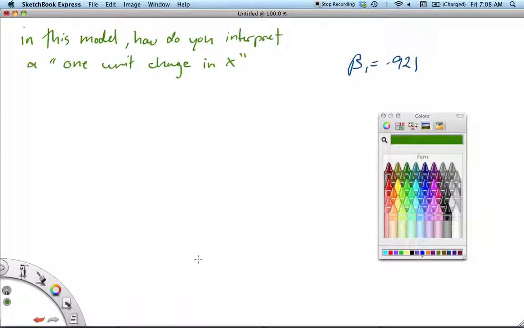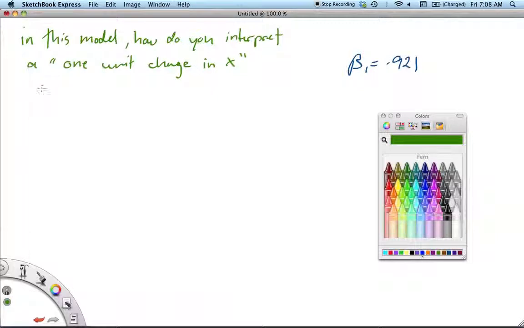Okay. Well, look. What I would say is we know that with x you're increasing your probabilities, right? So the question is by how much?